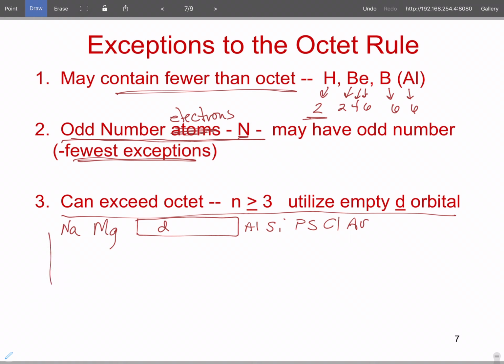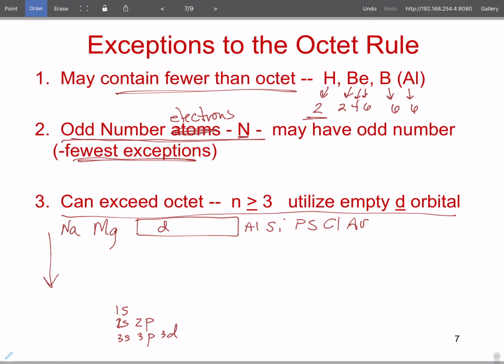Now, anything as you go down. Remember when we talked about electron configurations, we said that the S came in the first orbital, then the second row energy level was S's and P's, and the third was S, P's, and D's, right?